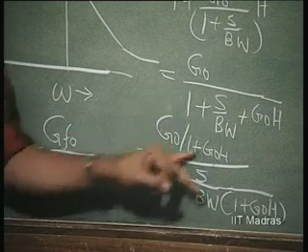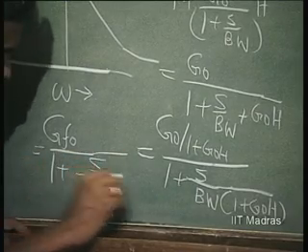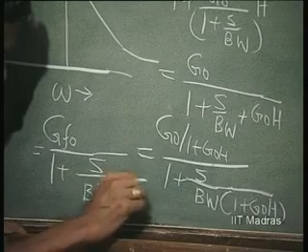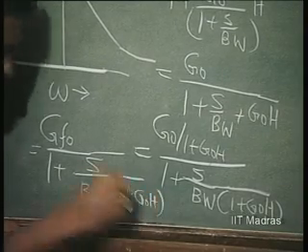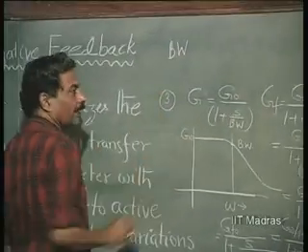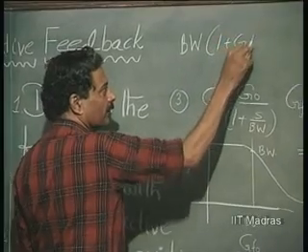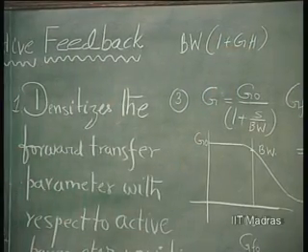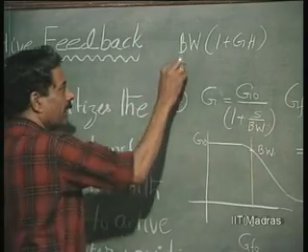So, the gain with feedback, that divided by 1 plus S by new bandwidth, is old bandwidth into 1 plus G naught H. So, the bandwidth improves by a factor of 1 plus GH. I told you all improvements occur by a factor of 1 plus GH. So, bandwidth improvement.